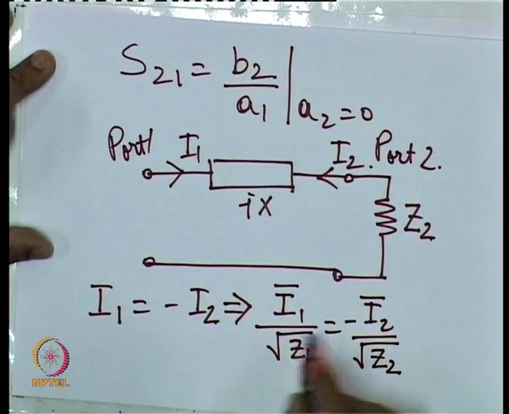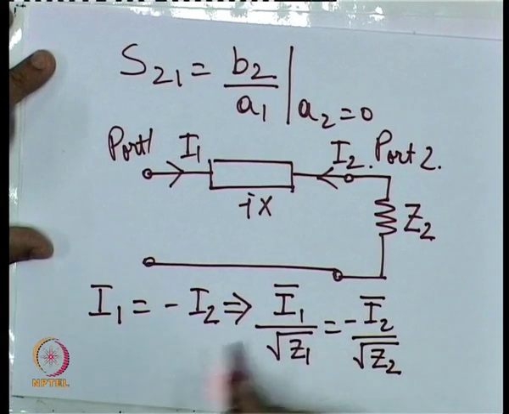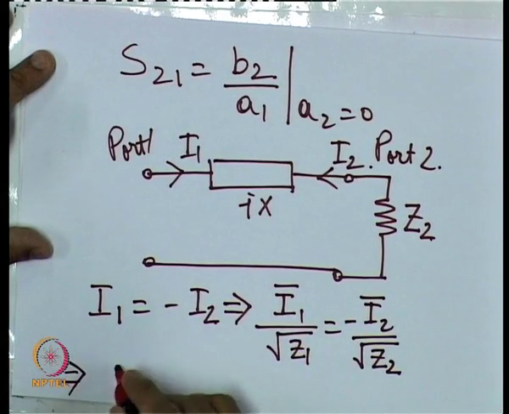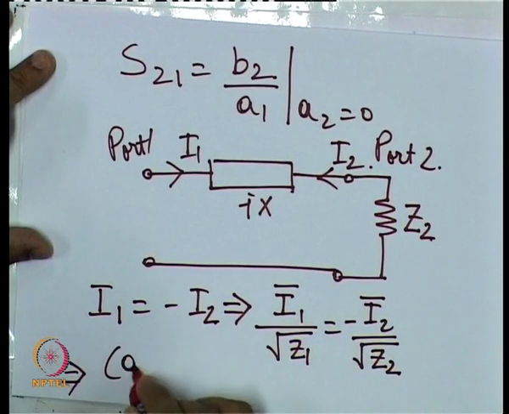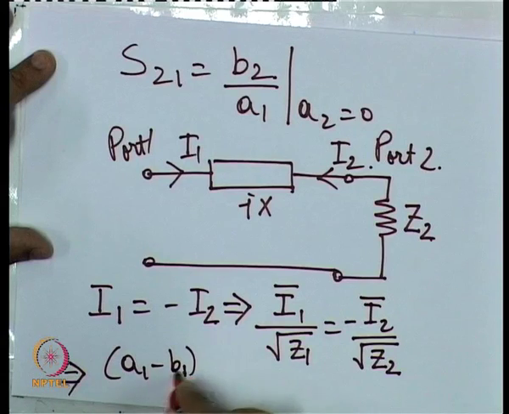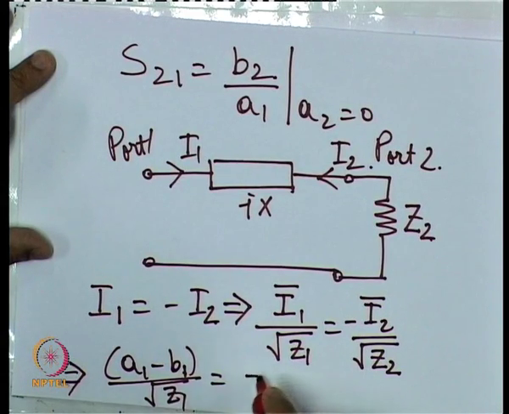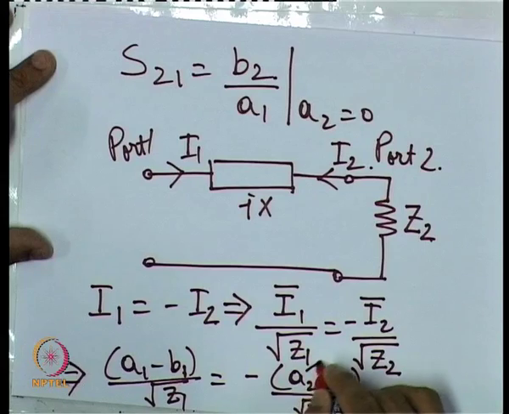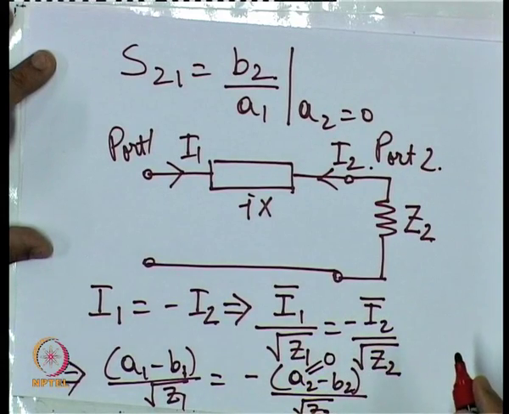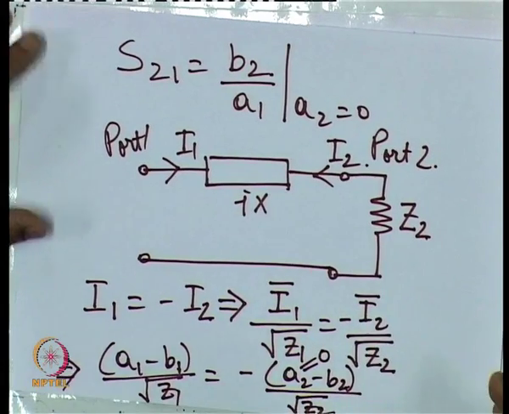Now, the normalized I1 is simply (A1 minus B1) upon square root of Z1, which is equal to the negative of the normalized I2, given by this. Now, we know this A2 has been made equal to 0 by this connection.